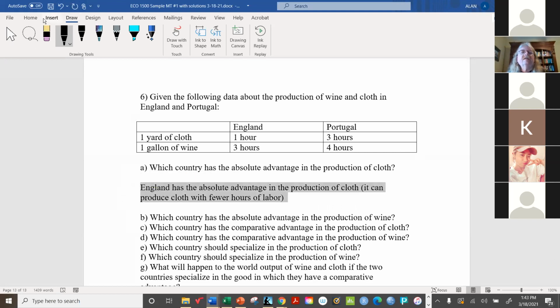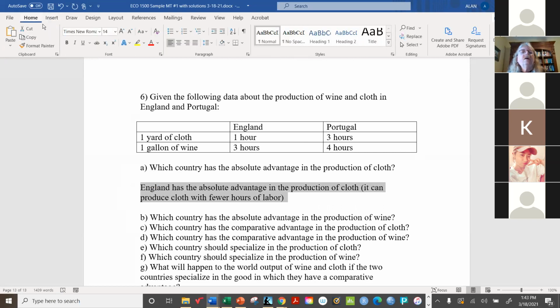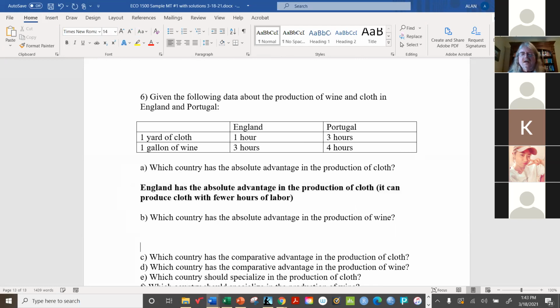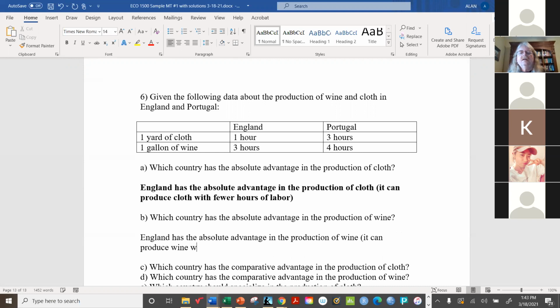You don't need to explain it, but you need to know which is which. Now, they also have the same situation with the wine. England has the absolute advantage in the production of wine, and again, it can produce wine with fewer hours of labor.